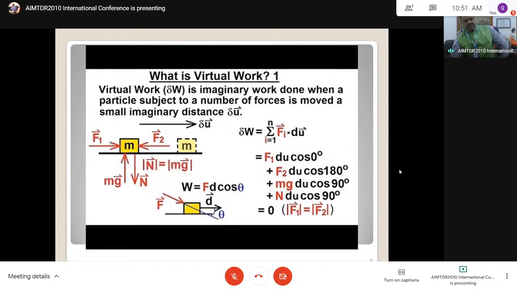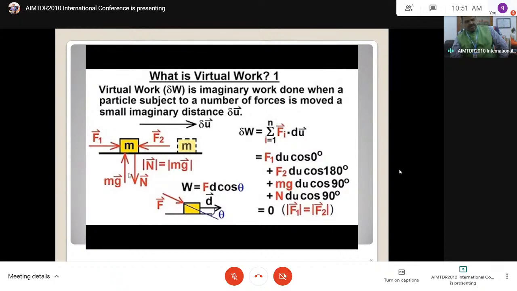It consists of two external forces F1 and F2, or let us say a frictional force and an applied force, the weight mg, and then the reaction N. Actually weight acts downwards and the normal reaction acts upwards, but let us assume these are the directions as given in the diagram.